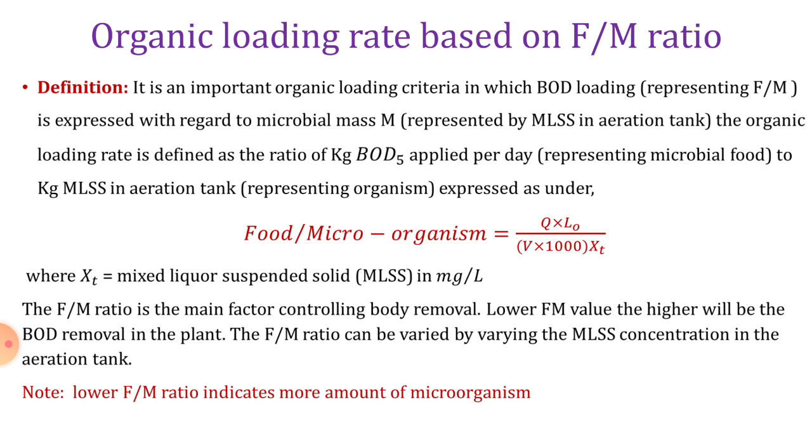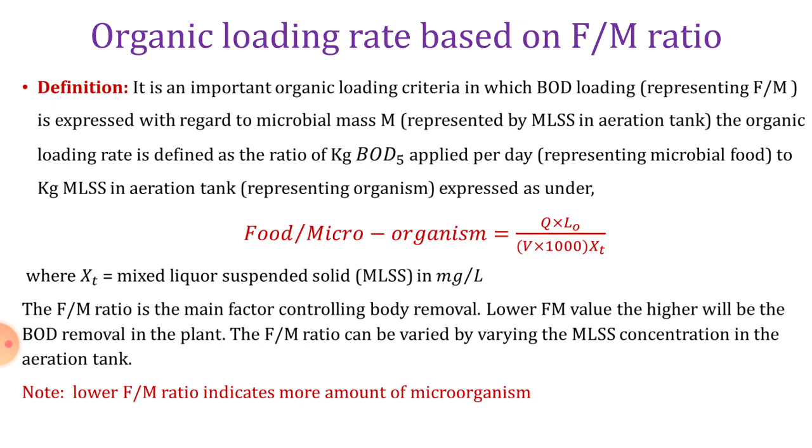The F/M ratio is the main factor controlling the BOD removal. The lower the F/M value, the higher will be the BOD removal in the plant. The F/M can be varied by varying the MLSS concentration in the aeration tank. Since it is a ratio, if the F/M ratio is higher, it indicates that food is more.